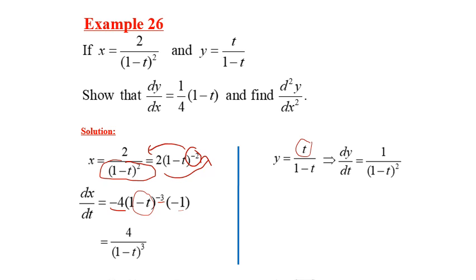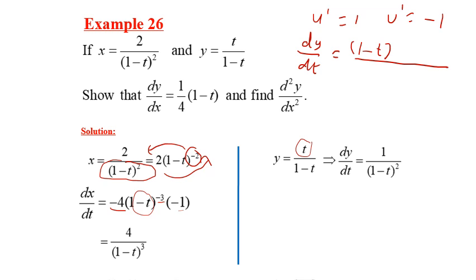If you like, we can show the detail like this. We know u prime is 1 and v prime is negative 1. So we apply the quotient rule. So dy/dt: remember, v u prime minus u v prime.